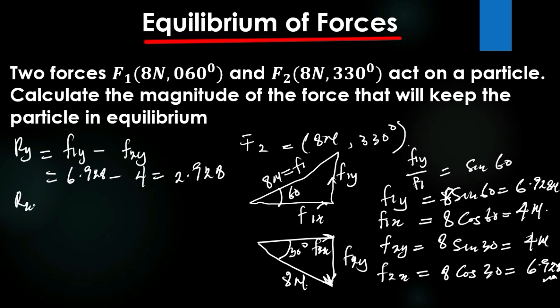Same way, Rx will be F1x plus F2x. Why? Both of them are in the same direction. That will be 4 plus 6.928, which is equal to 10.928.